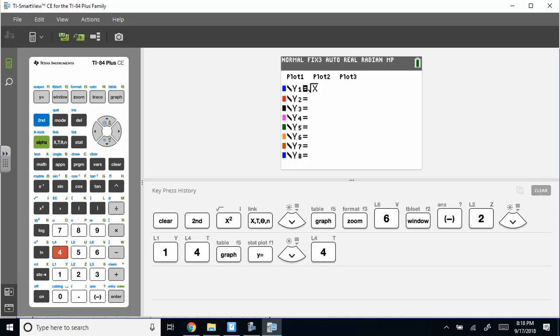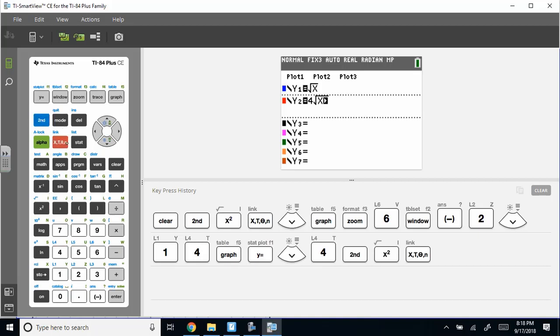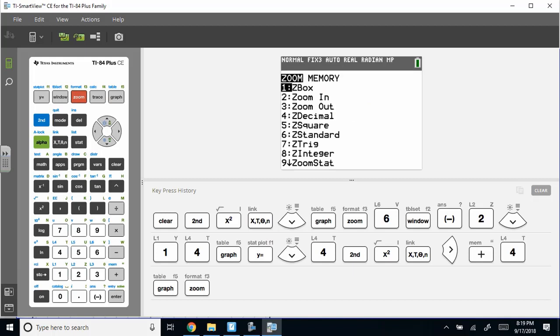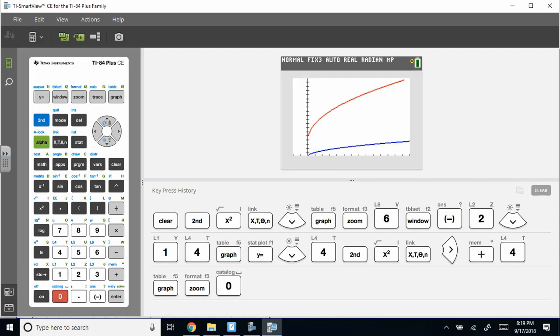We're going to times it by 4. So 4 times the square root of x, right? And then we're going to add 4 to it, right? Correct? Then we hit graph. Hey, look at that. What happened? Zoom fit. Hey, look at that.